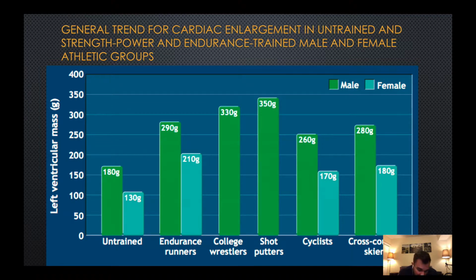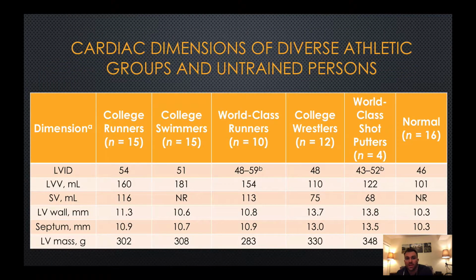So someone like a strength and power athlete needs to push out, eject a lot of blood really, really forcefully, powerfully and fast. So that's why they might have a larger left ventricle than endurance athletes.